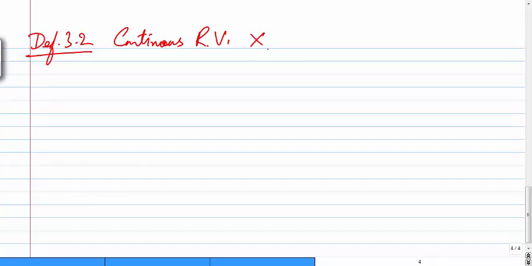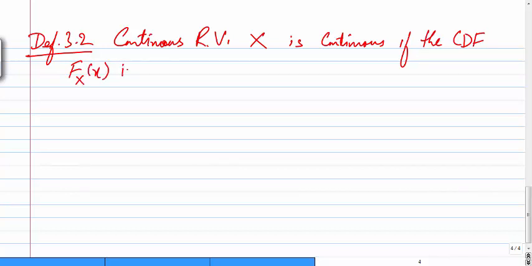There's another definition. Definition 3.2 says that a continuous random variable X is continuous if the CDF, that is F_X(x), is a continuous function.